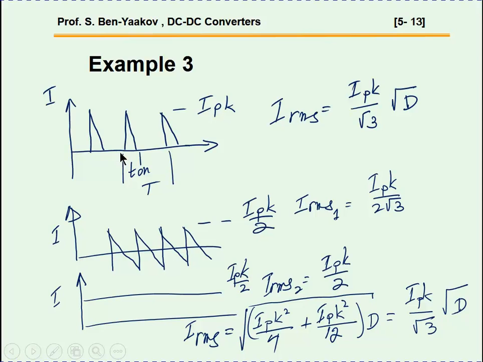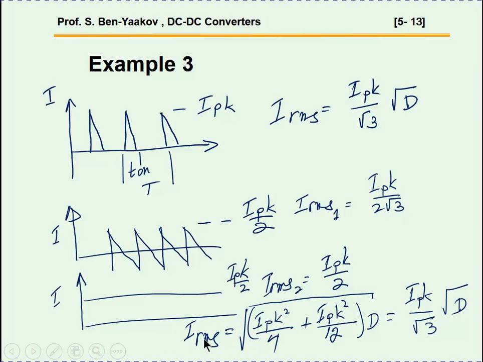And the same thing I'm going to do for the triangular wave, squeezed together. And of course, if this is I peak, this value will be I peak over 2. So the RMS of the DC is I peak over 2, and the RMS of this triangle is I peak divided by 2, this is the height of this triangle, divided by square root of 3.